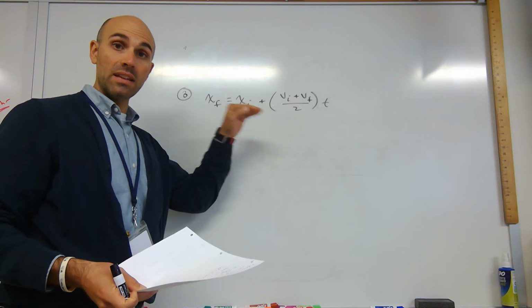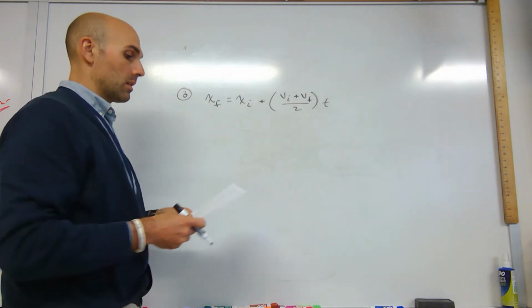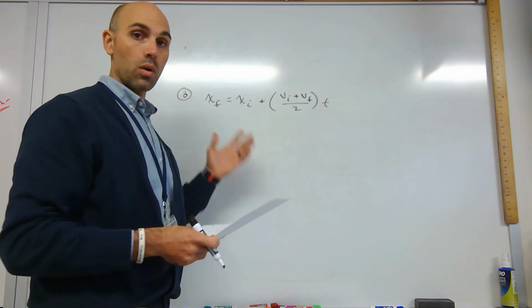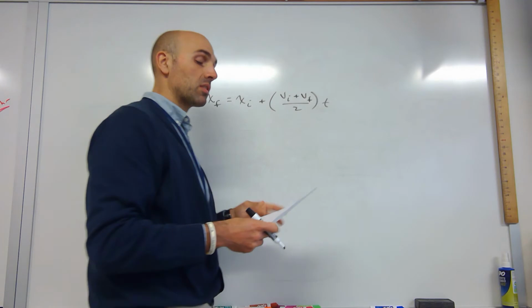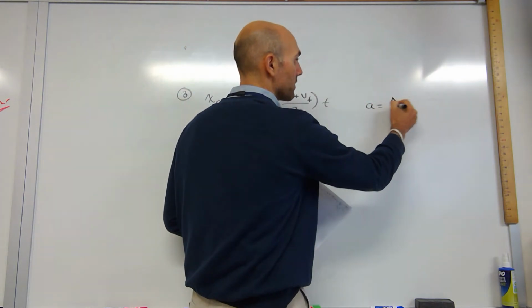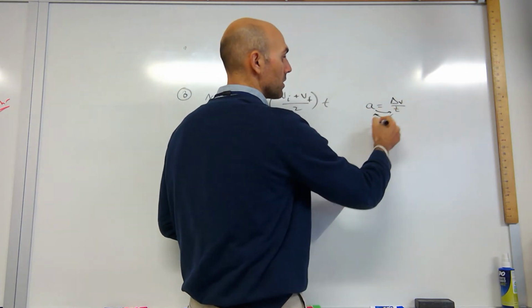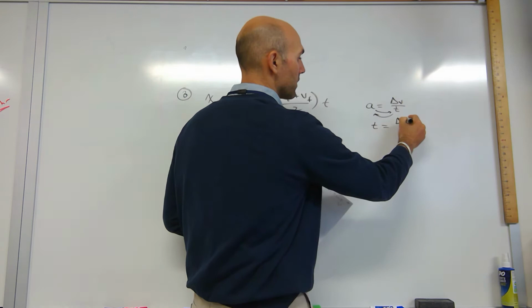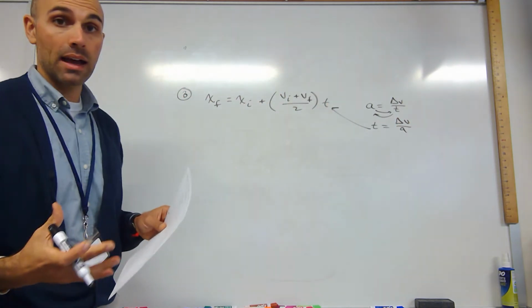So we're going to now deviate from the original path we took and take a different one. According to this equation, we can now make a substitution. The substitution will be as follows. We know that the acceleration is a change in velocity over time. We can rearrange this to go time equals a change in velocity over acceleration, and then we can plug that time in.